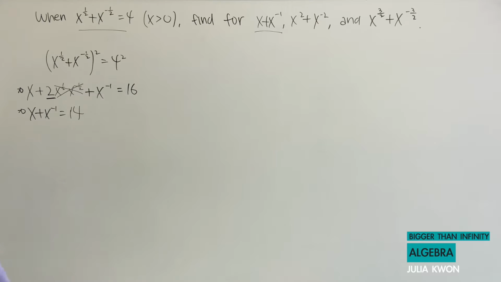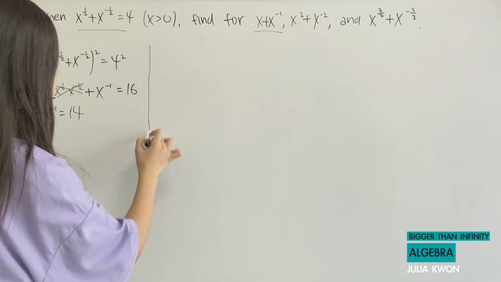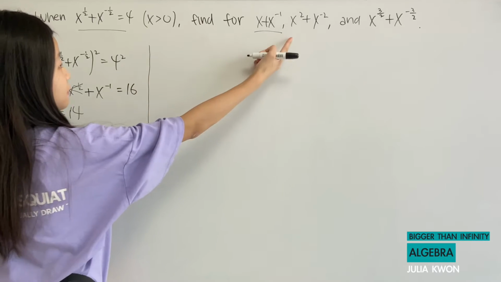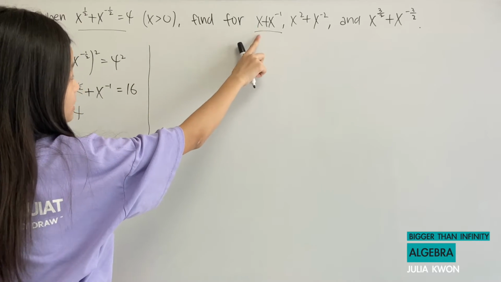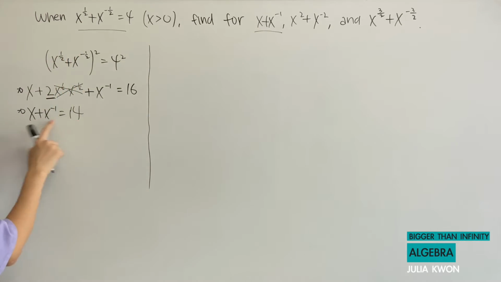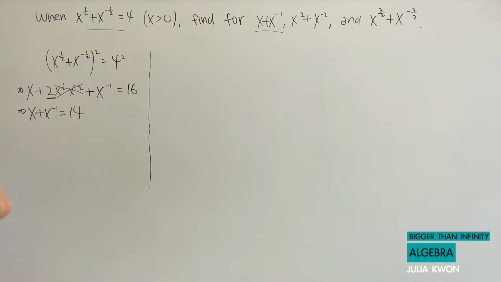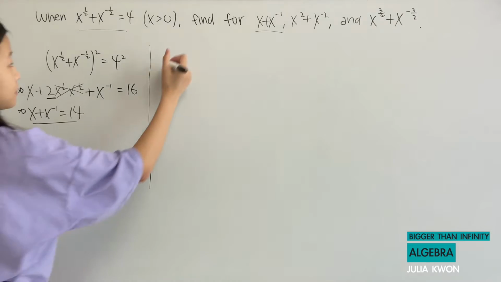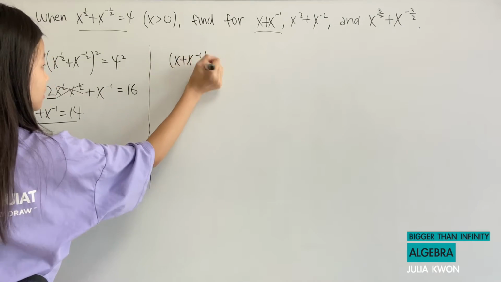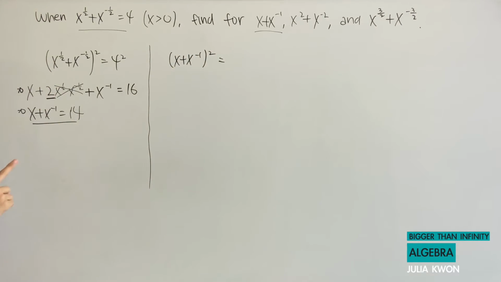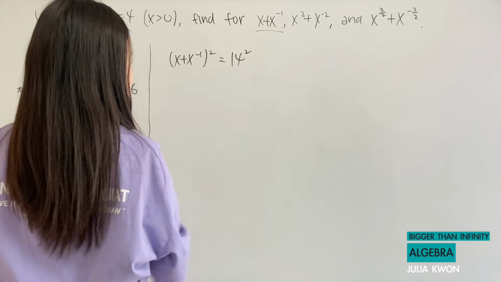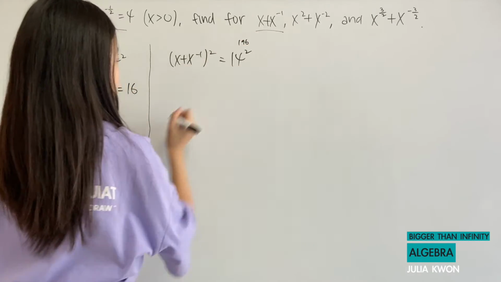And now we're going to move on to the second one, x squared plus x to the power of negative 2. To find for this, we're going to square what we just found. We're going to square both sides of this equation. If we square x plus x to the power of negative 1, square 14, which is equal to 196.